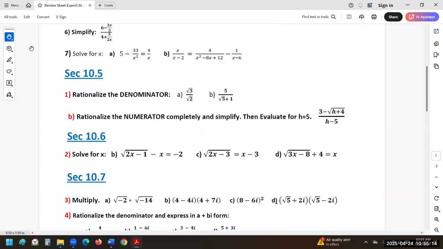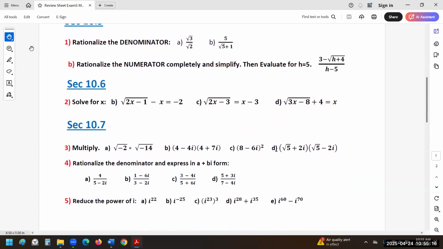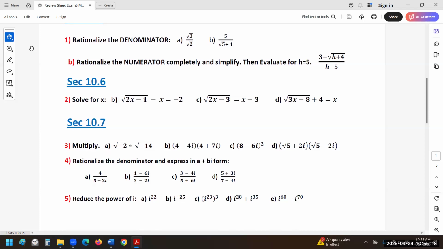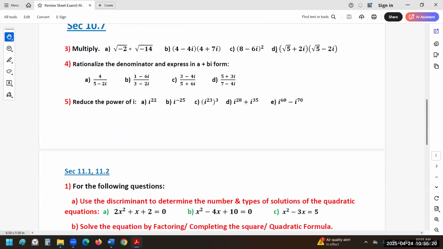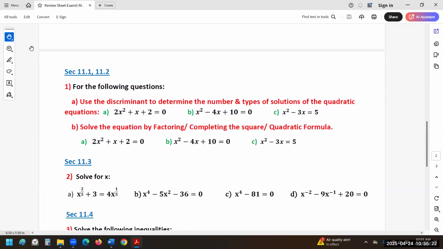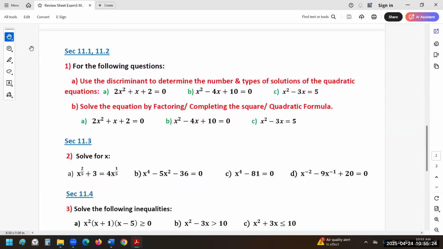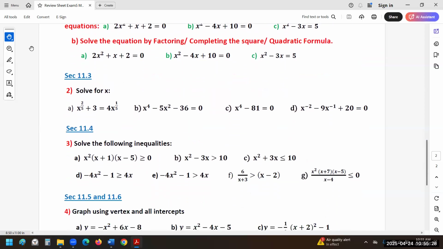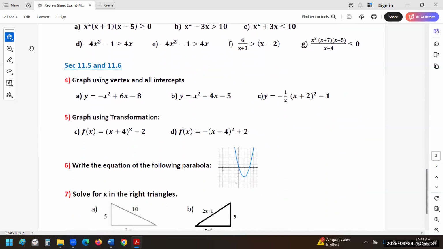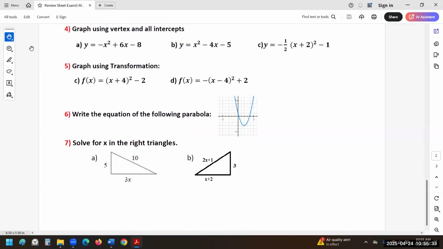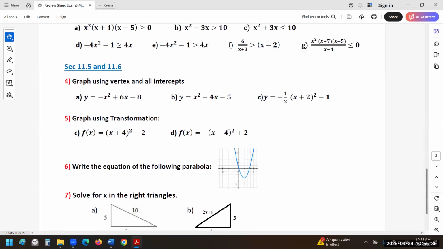We are still doing 10.6. Then my plan is to finish 10.7 today and tomorrow. And then next week, we are going to do chapter 11. So we have 4 classes for chapter 11. And then you're going to do a review, and your exam will be Friday in 2 weeks.